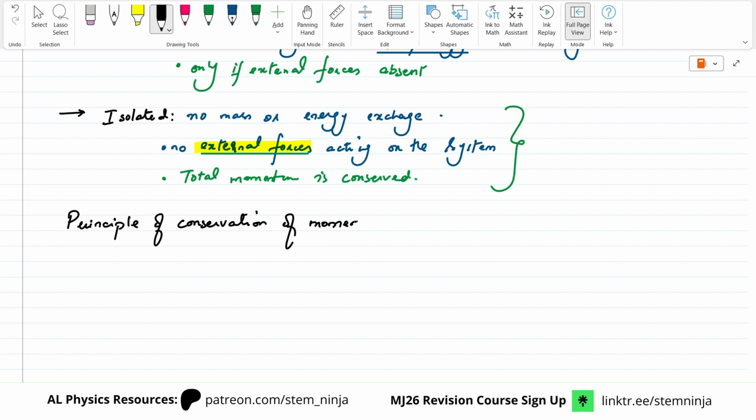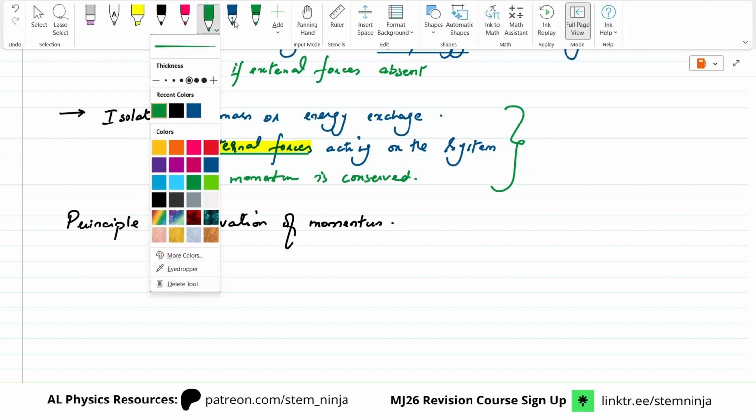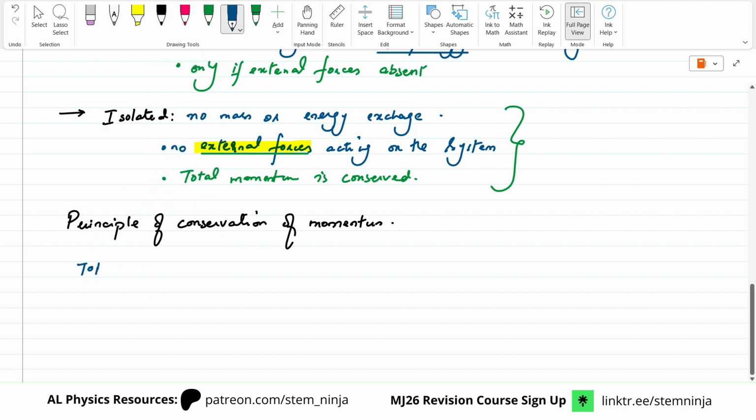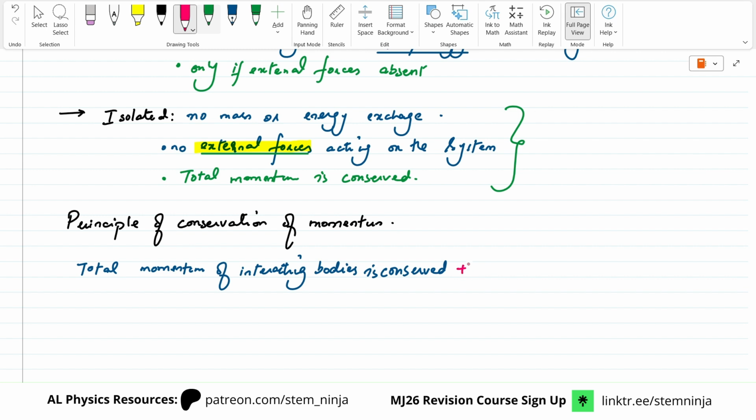There are two parts for this. One part is: total momentum of interacting bodies is conserved. I'm going to add just a plus over here.